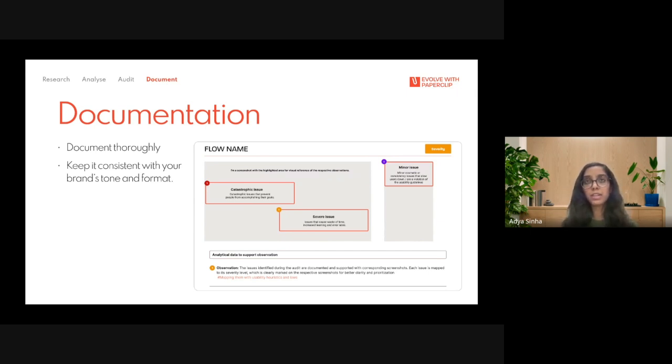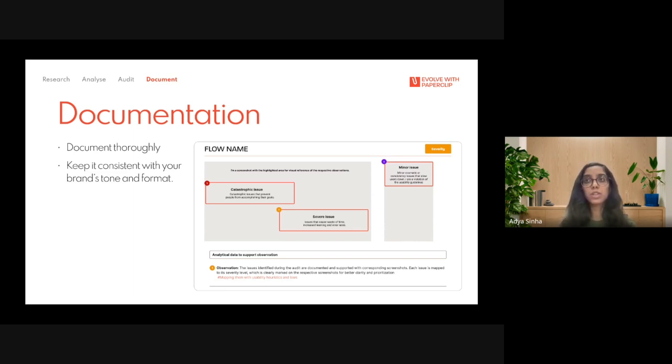So, mapping the observations with usability heuristics helps us understand which of the laws and principles are mostly getting violated. And even numbering over here helps us understand, from all of those violations, which are some of the top laws and heuristics that are getting violated. So yeah, this is how you can audit and document.